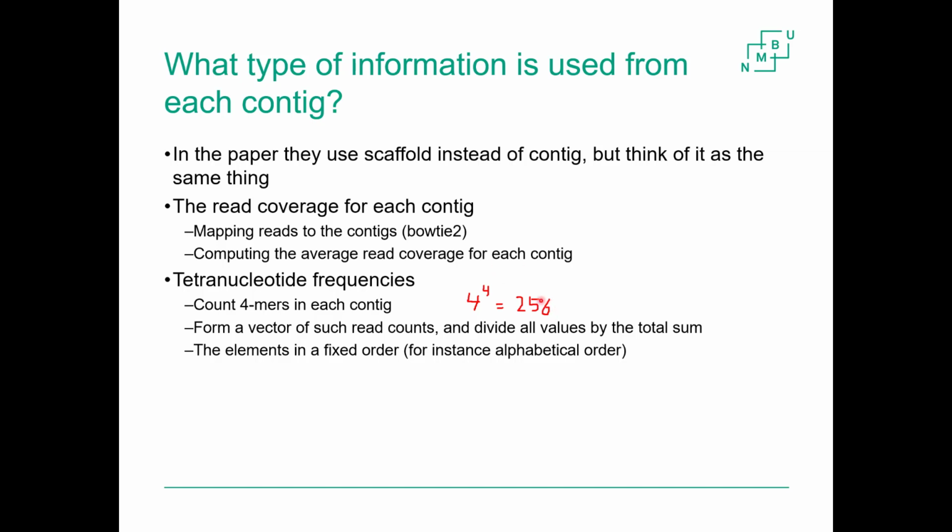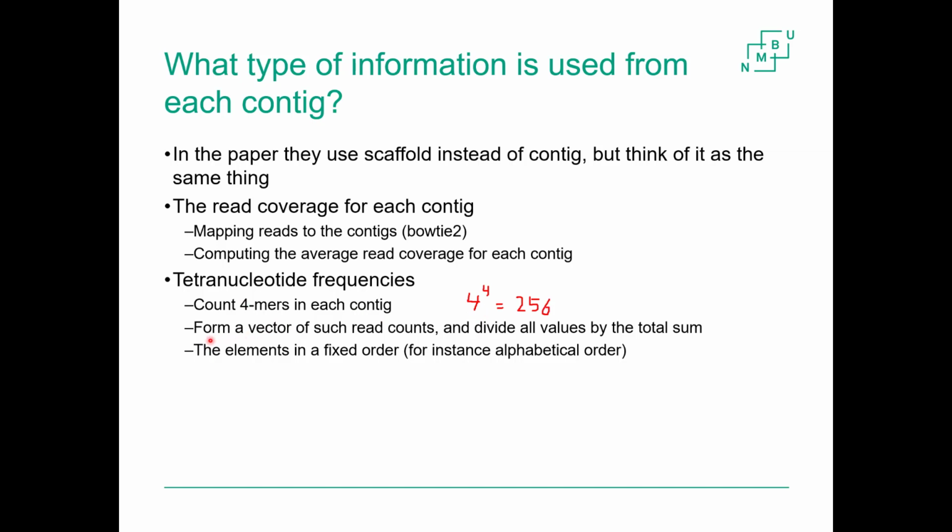It's not the half, because since k is an even number, you have these palindrome sequences that make it a little bit fiddly, I would say. So personally, I think I would have chosen 5-mers simply for that reason.